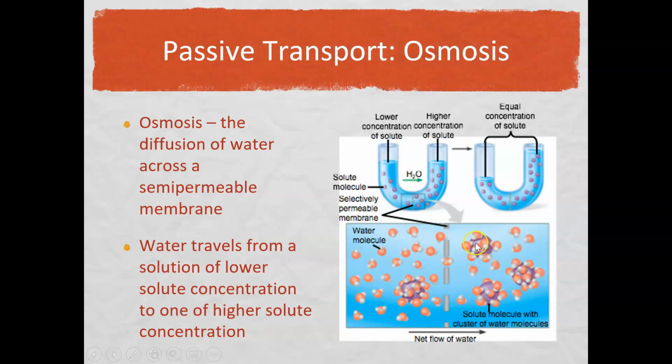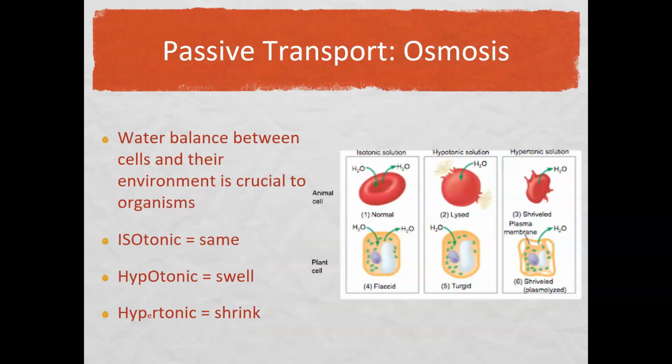On this side, however, three solute molecules, so let's say that accounts for 30% of the solution, which means now I'm talking 60% water. So 90% water to 60% water, the water is going to move from here to here, but we define the solutions based on how much sugar or how much solute is in them. So that's where those terms are going to come from that we're going to see in just a moment.